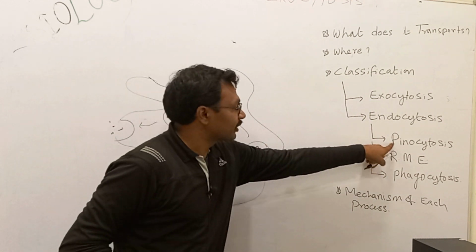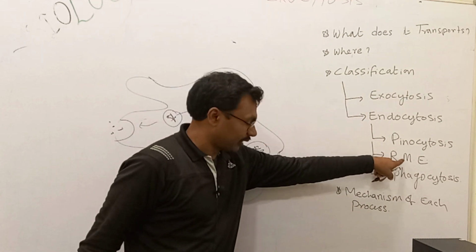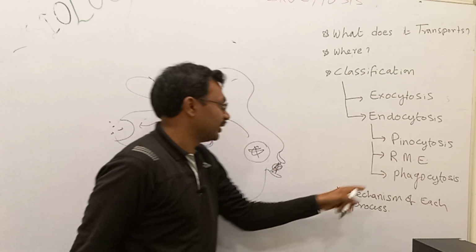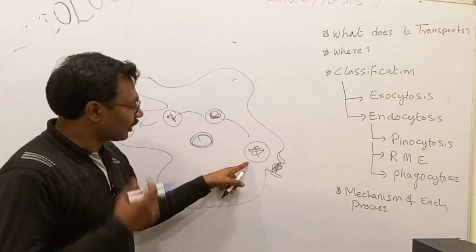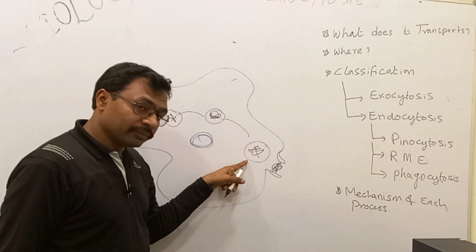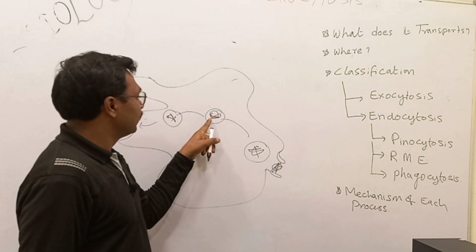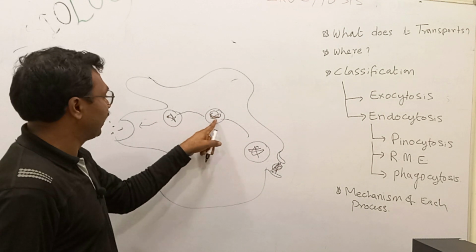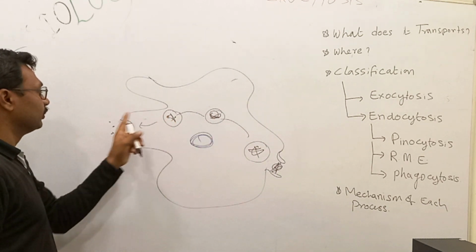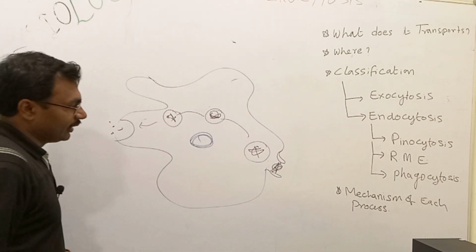In pinocytosis and receptor mediated endocytosis, this was called endosome, whereas in phagocytosis this is called phagosome. Early phagosome, late phagosome, phagolysosome, and then the contents are expelled in the amoeba.